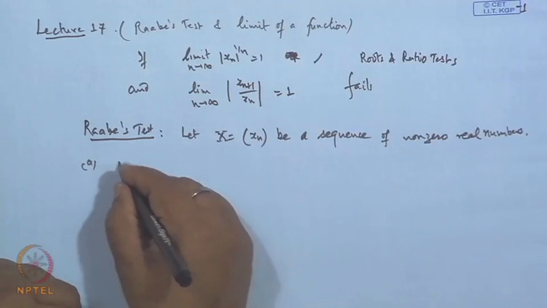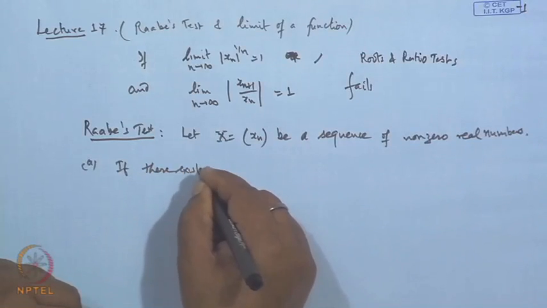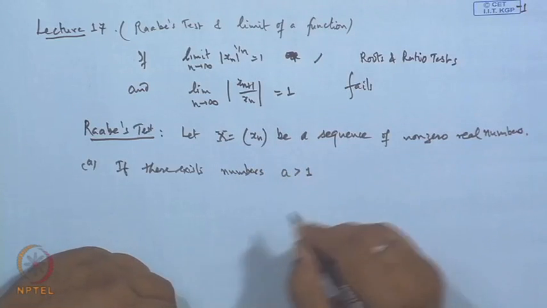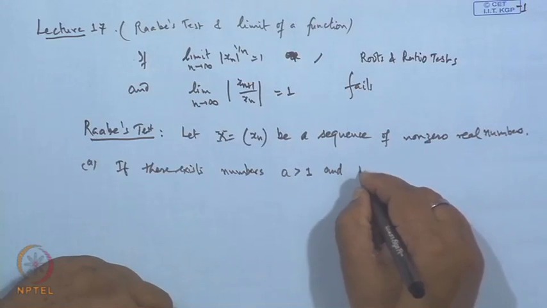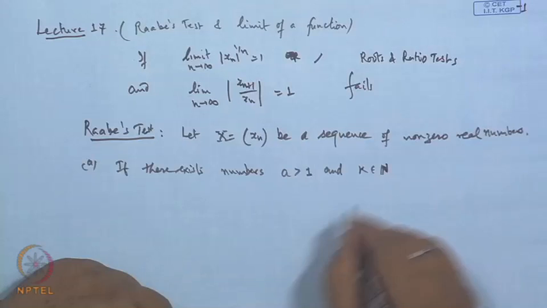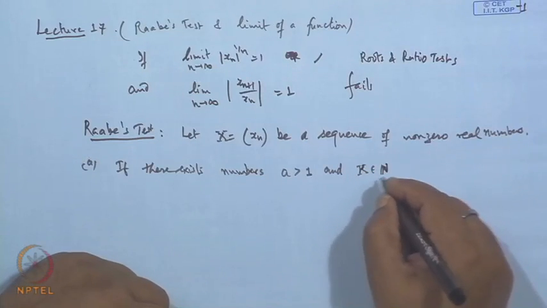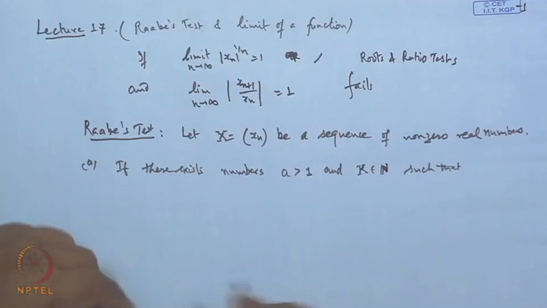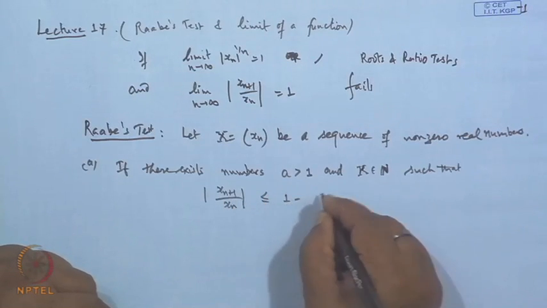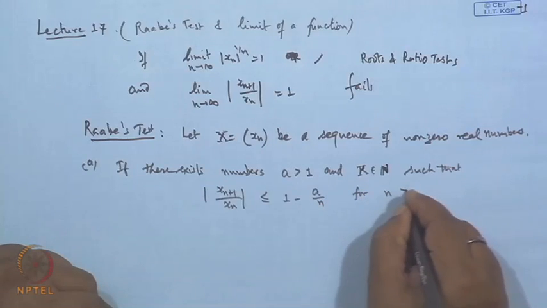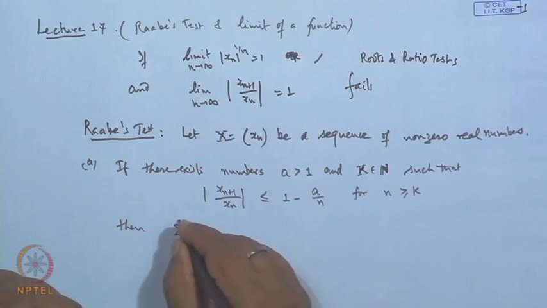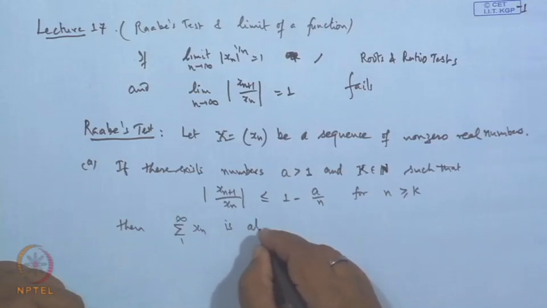Now, first part: if there exist numbers a greater than 1 and k belonging to N, the set of natural numbers, k a positive integer, such that |x_(n+1)/x_n| is less than or equal to 1 minus a/n for all n greater than or equal to k, then the series sigma x_n, n from 1 to infinity, is absolutely convergent.